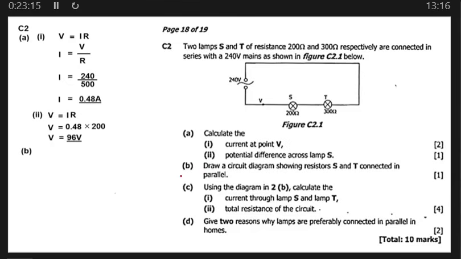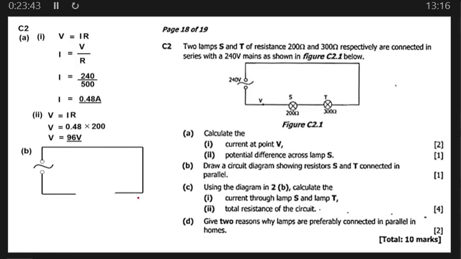All right, so let's go to the next question, which is B. B says draw a circuit diagram showing resistors S and T connected in parallel. So these ones, which are lamps, now we'll draw them as resistors connected in parallel. So this is the source of power. Then we'll connect it, and draw another one.